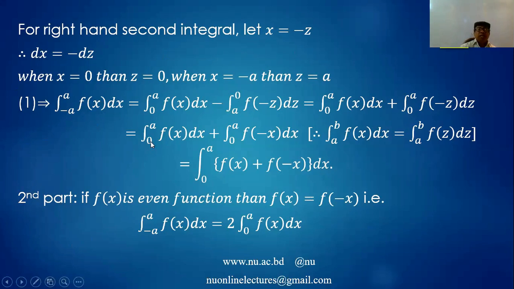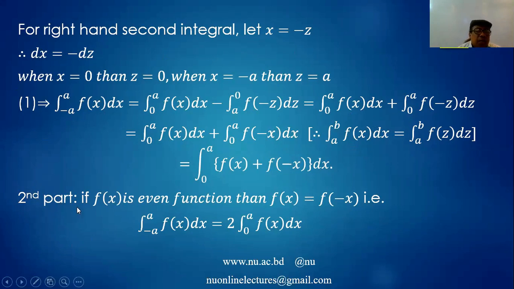So here 0 to a f of x dx, and here 0 to a f of minus x dx, as you know, this is equal to this. Already we did it. We can take x equal to z from the properties. Now this is integration 0 to a of f of x plus f of minus x dx. We can take it in this way.